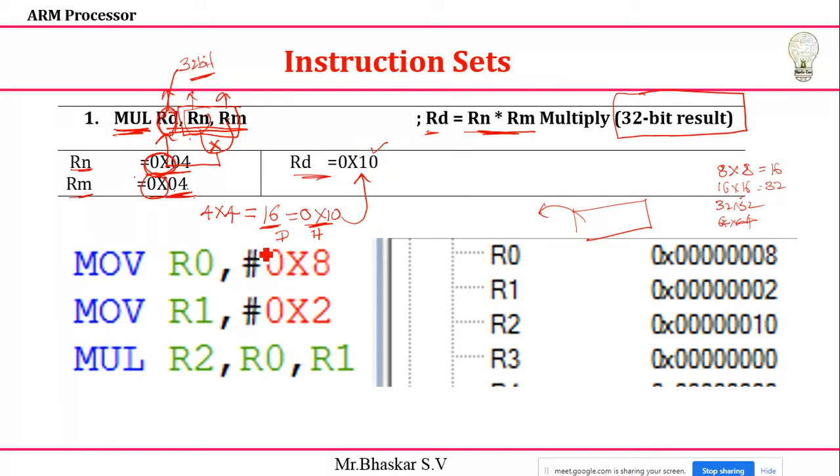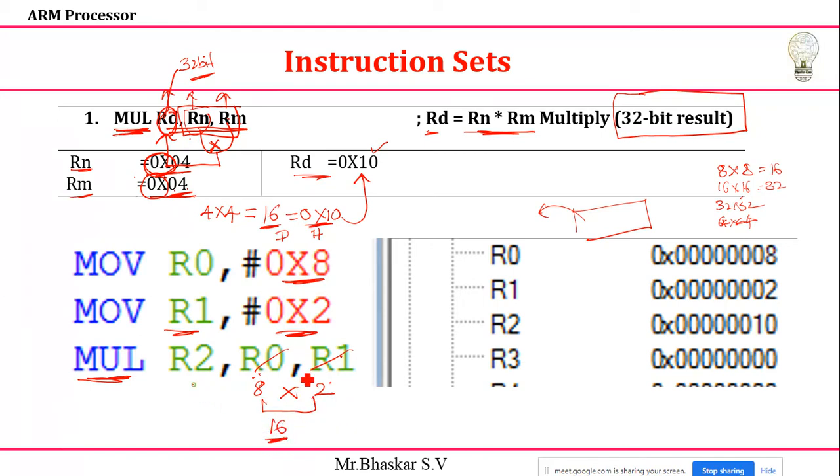Okay, so next I'm going to take one more example. You can see I have taken the R0 value as 8 and the R1 value as 2. Next I'm using a MUL instruction, MUL R2, R0, R1. It will take the R0 value as 8 and the R1 value as 2. 8 times 2 is again 16, but that is in decimal.